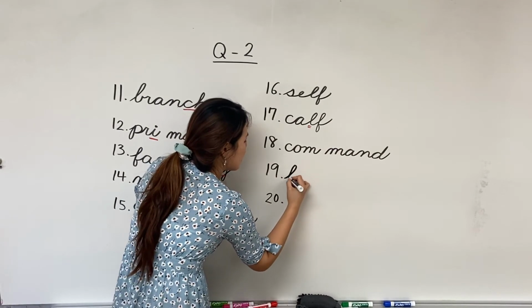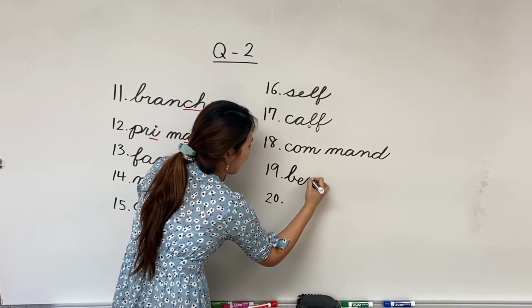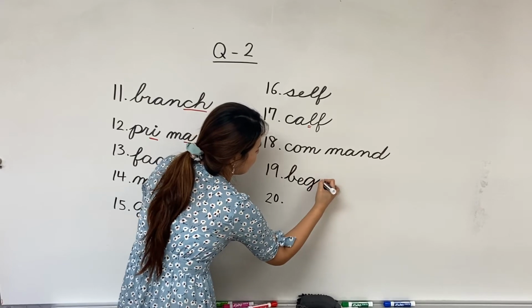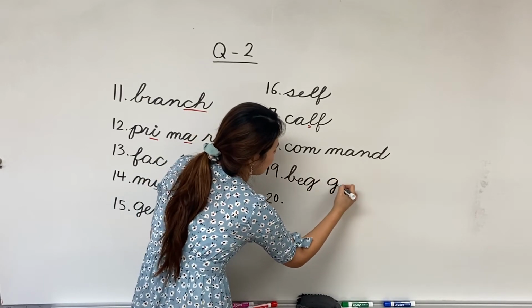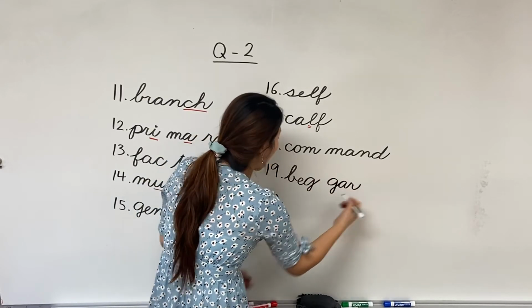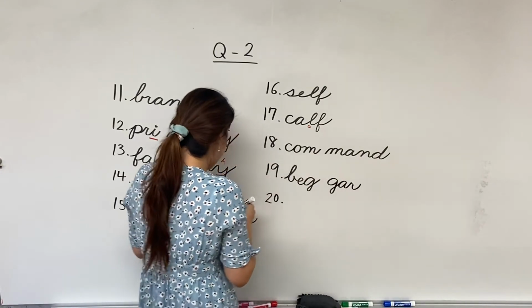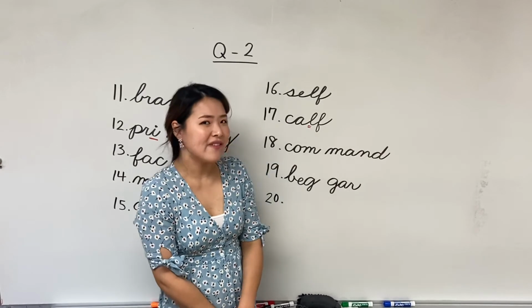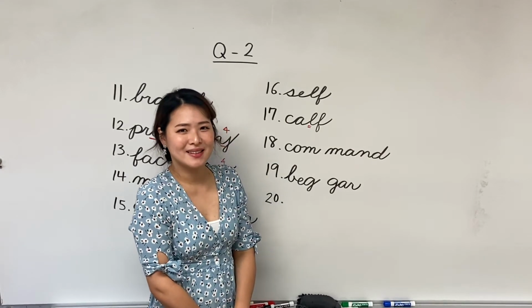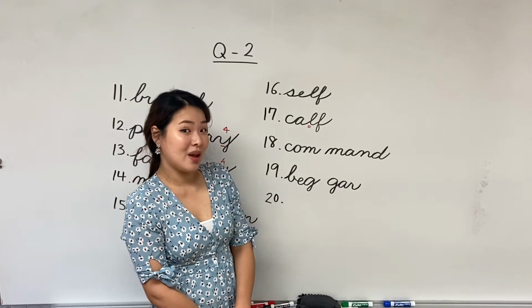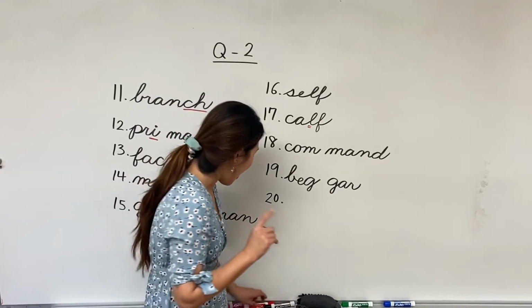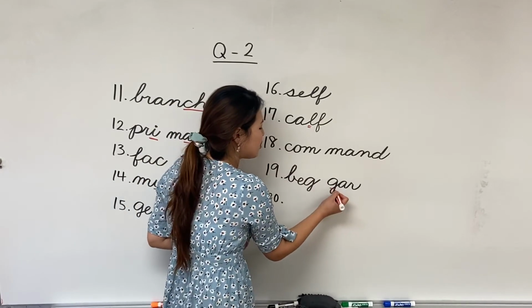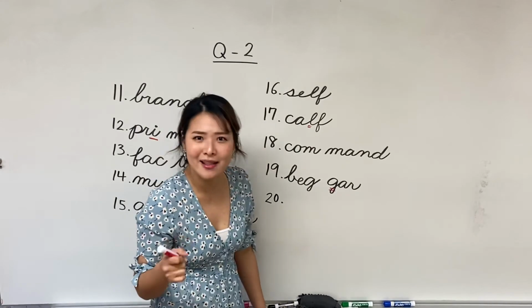B, e, g, g, a, r. Beggar. What kind of markings or rules do we have here? We have to underline the G twice because that's silent.